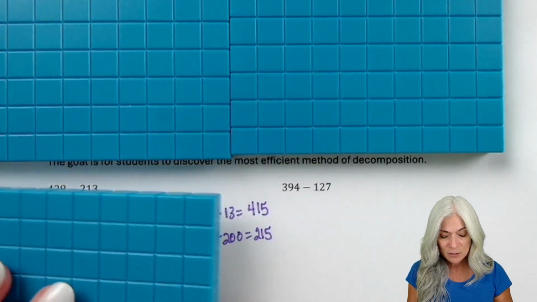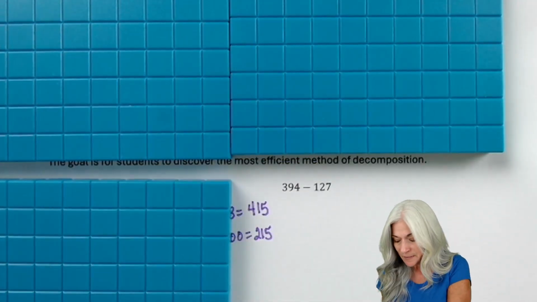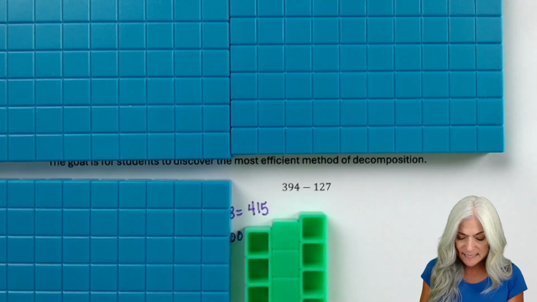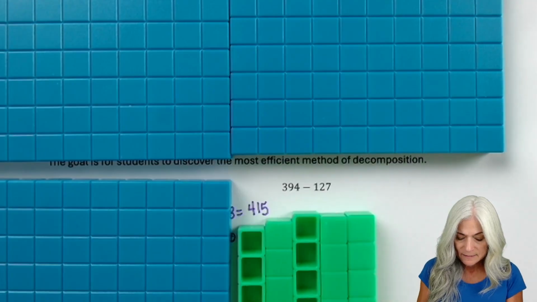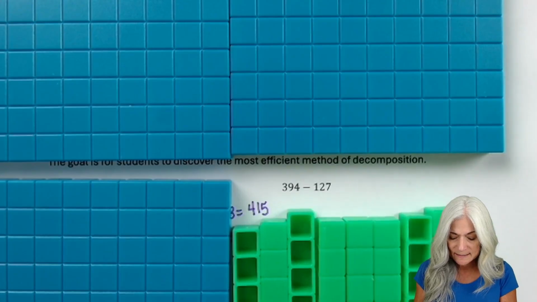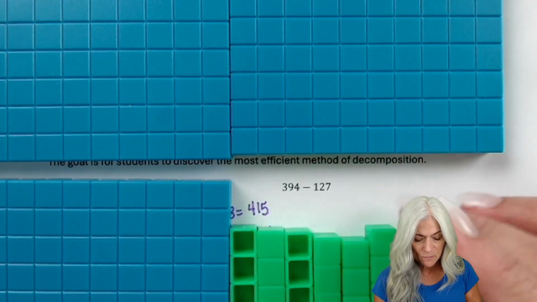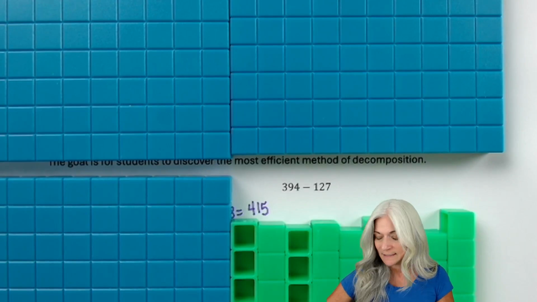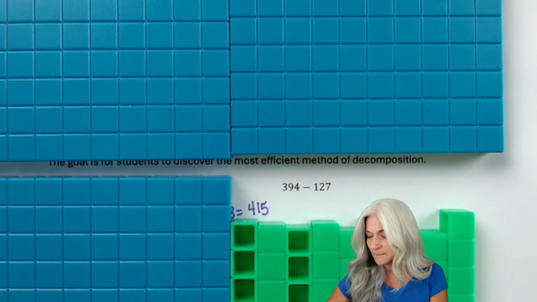So there's 1, 2, 300. I can have my 9 tens. There's my 9 tens. So we've got 390, and now I need 4 ones to show 394.